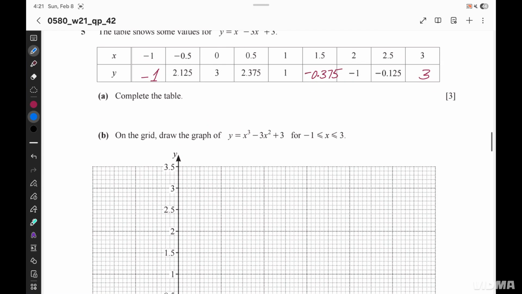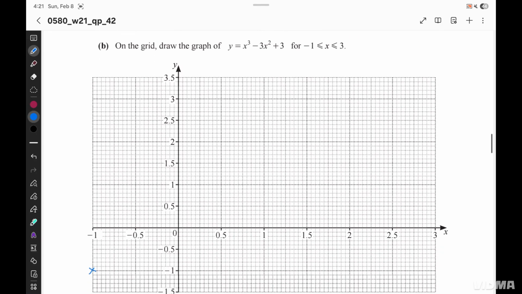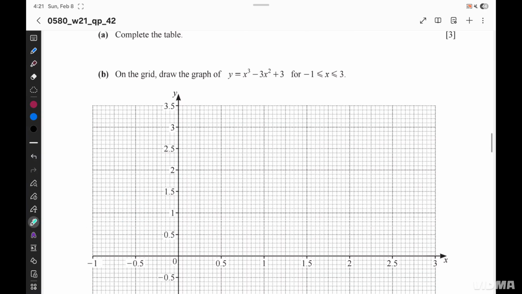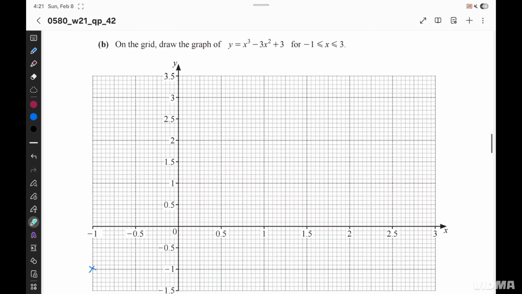And next is -0.5. X is -0.5 and y is 2.125. So you can see that this is 2.1, 2.2, 2.3, 2.4 and 2.5.